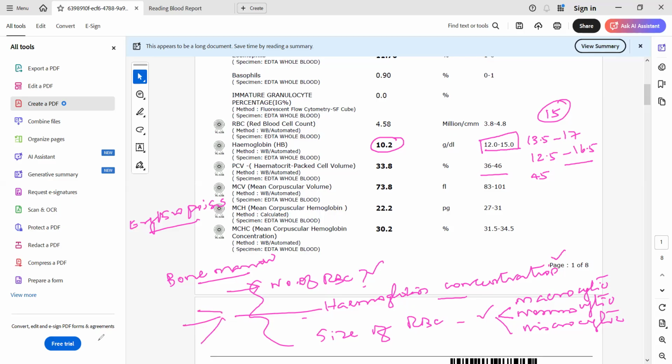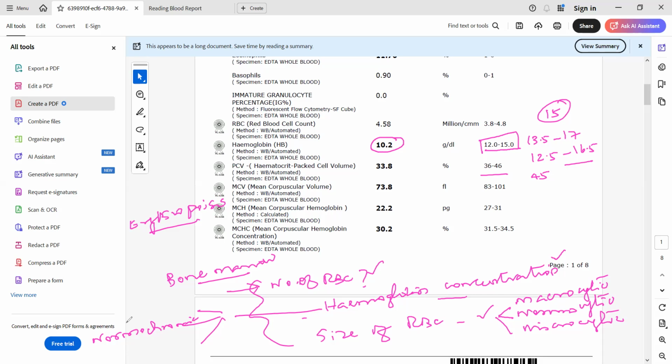That is, one is normochromic. Chroma is color. Normochromic means the hemoglobin concentration is appropriate around 1/3 of the total volume of the RBC, so it is okay.